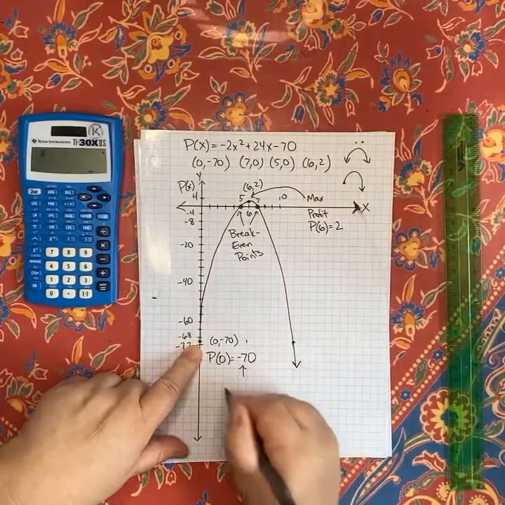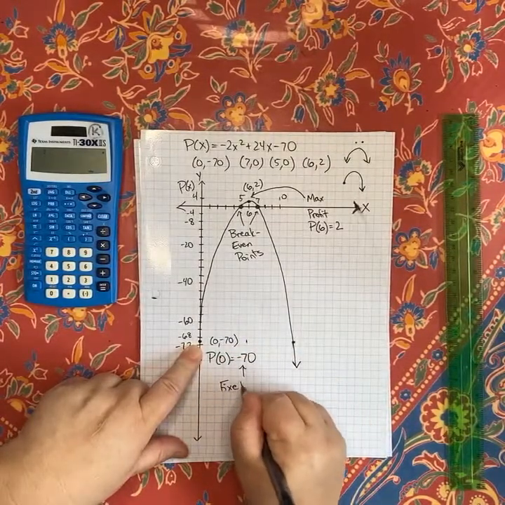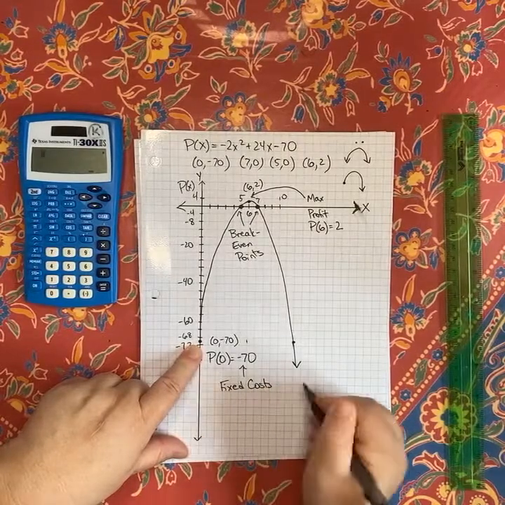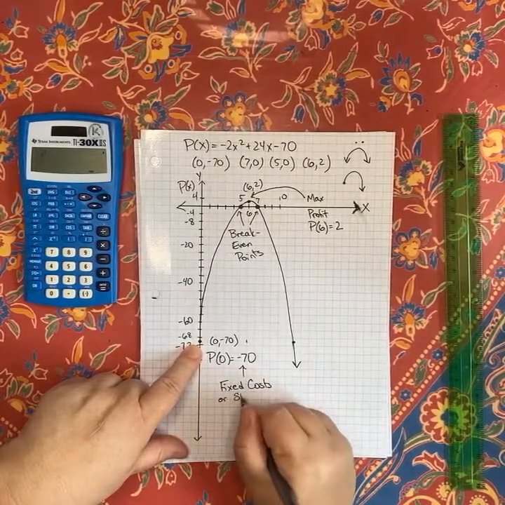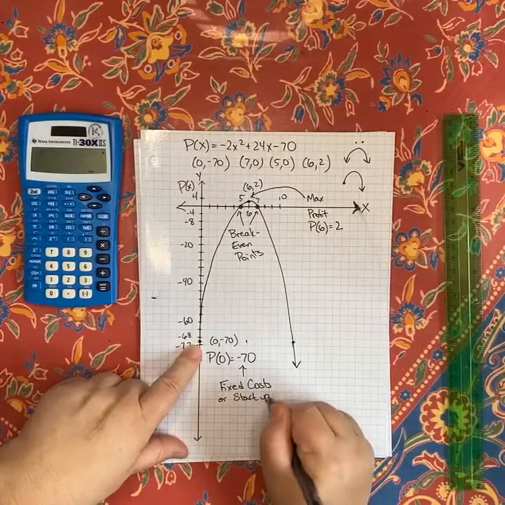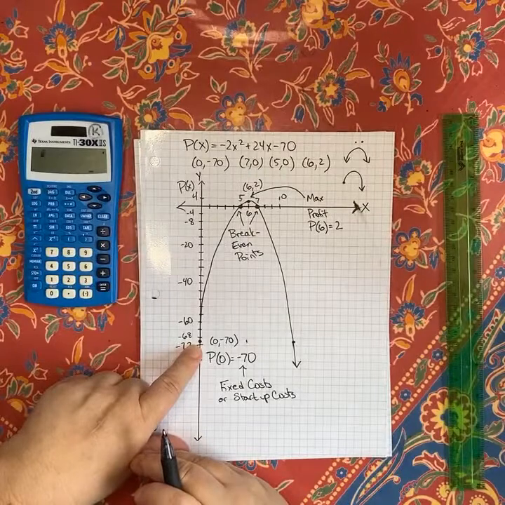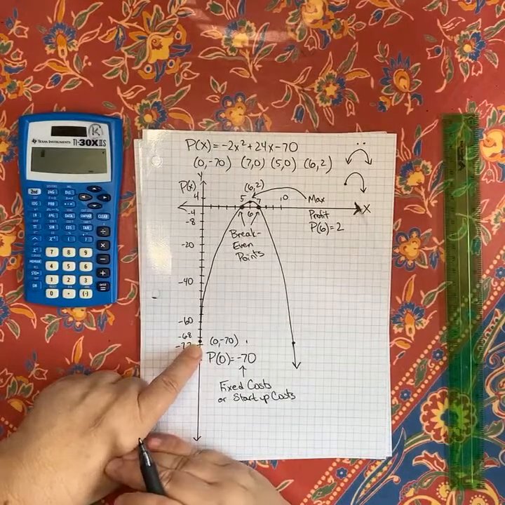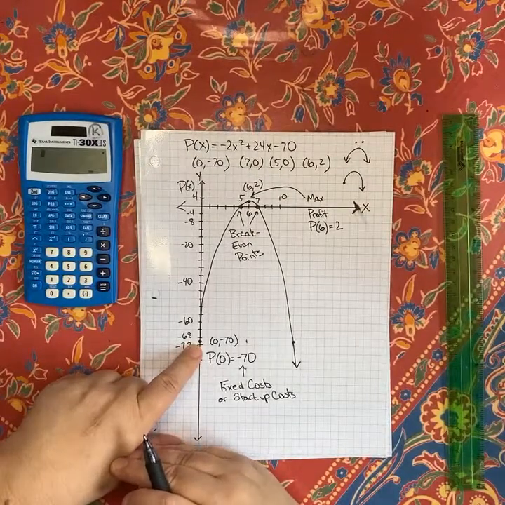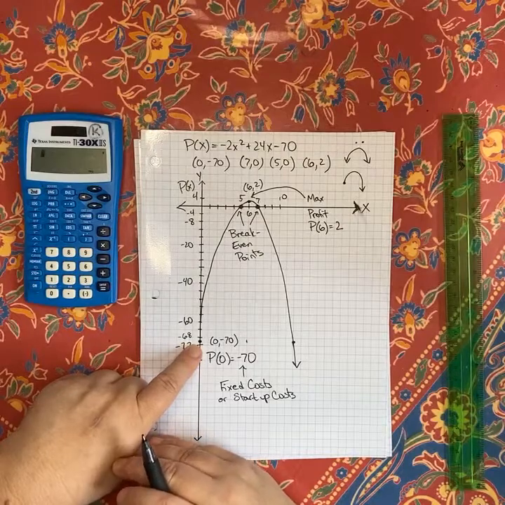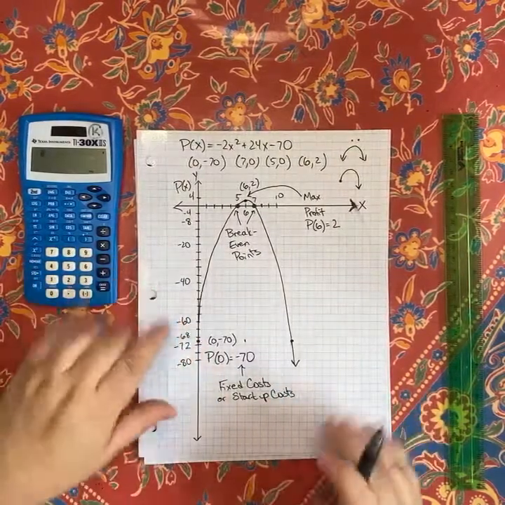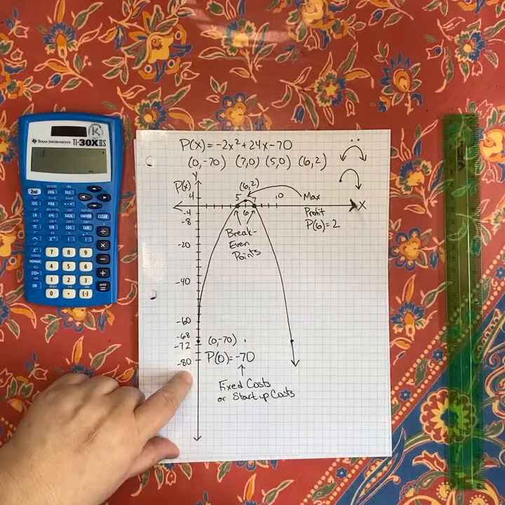Those are generally called your fixed costs, or we could also have the discussion about startup costs, which in some situations are separated out. Fixed costs can include startup costs, but you can talk about them from different perspectives, so you might hear them talked about either way.